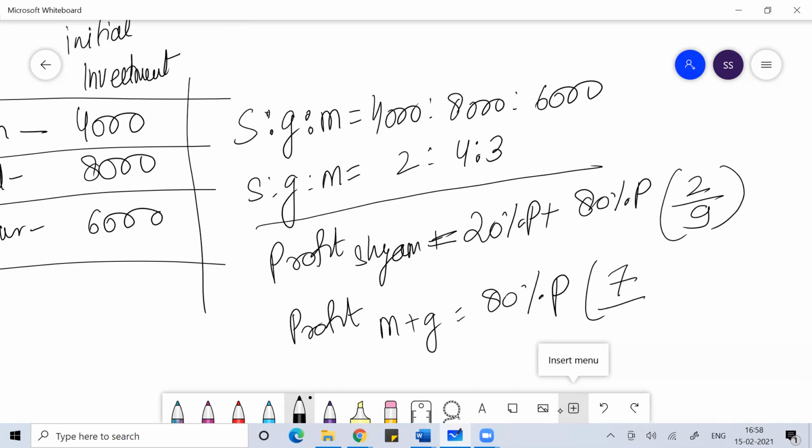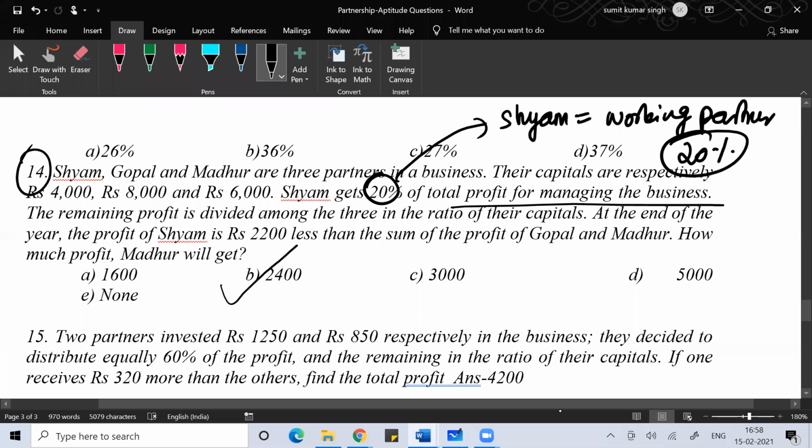They will take 7 by 9 part. I hope you still understand. Because Shyam is a working partner, he took 20% of the profit upfront. The remaining 80% will be divided among Shyam, Gopal, and Madhur in the ratio of their investment. Okay, so here the problem is given.